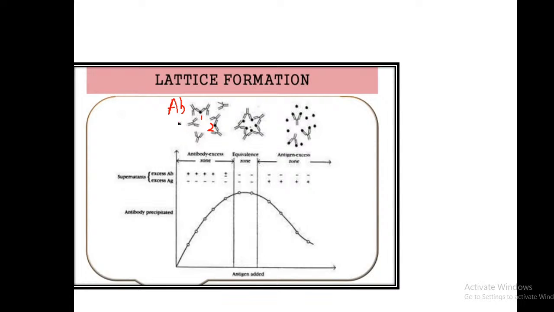Here antibody is in excess. This zone is known as the antibody excess zone. In this stage, the antigen-antibody interaction will be less. Very many antibodies are free, so the interaction is less because antigen is less.